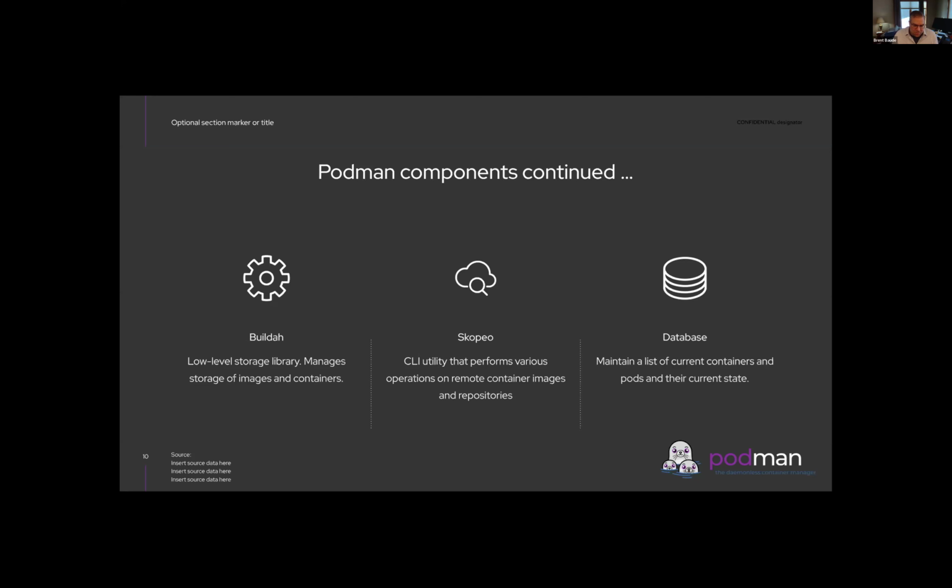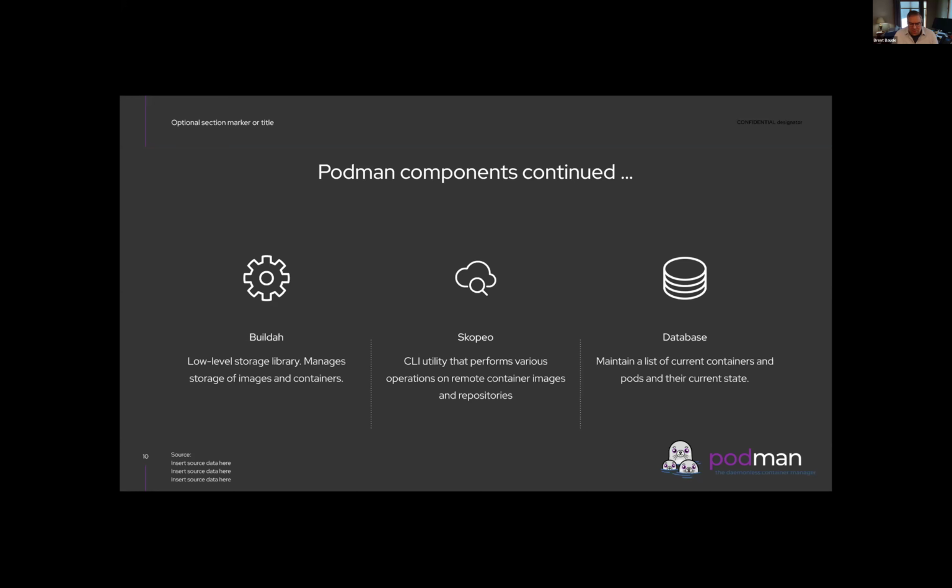We have two sister projects in Buildah, which is a utility and a library for us to do container image builds. That would be like your classic Docker build. It also can do some very advanced things. Not everything in Buildah is in Podman, which is why it exists, a very handy tool.